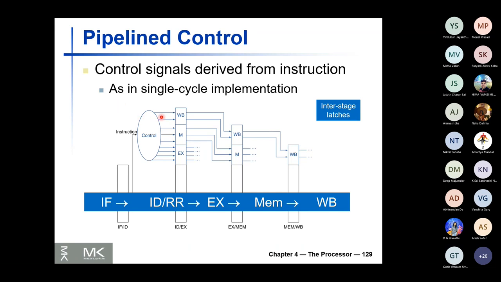So the control information is also passed through these latches step by step. Keeping this in mind, these are the interstage pipeline registers, and the same information flows through the pipeline as it moves forward.